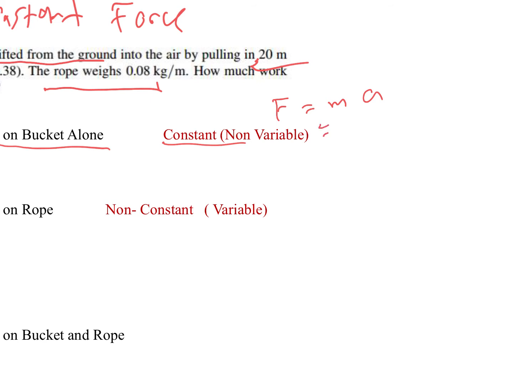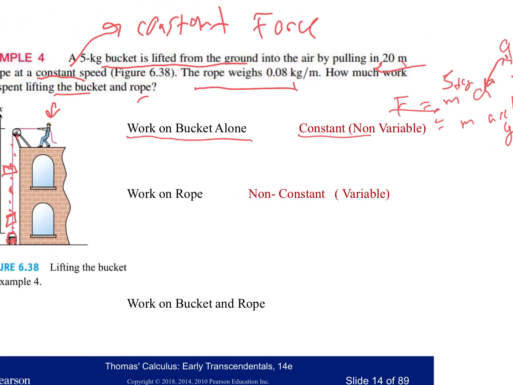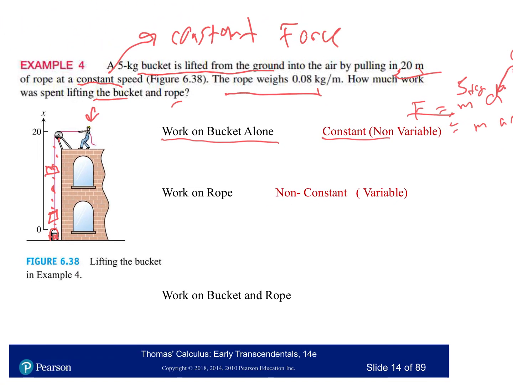And that means mass of something times the acceleration due to gravity, which, by the way, we're talking about meters, so we're talking about the metric system, 9.8 meters per second squared. So that's going to go into, in 5 kilograms, that's going to go into the force of that bucket. It's just a constant force. It has to do with the weight of the bucket and the gravity on that weight.